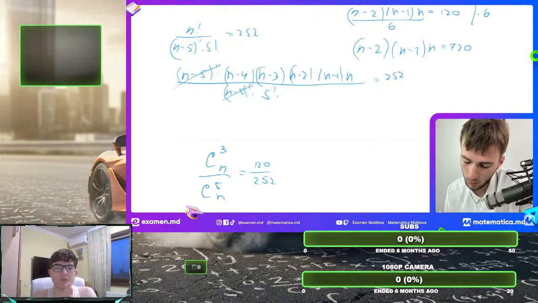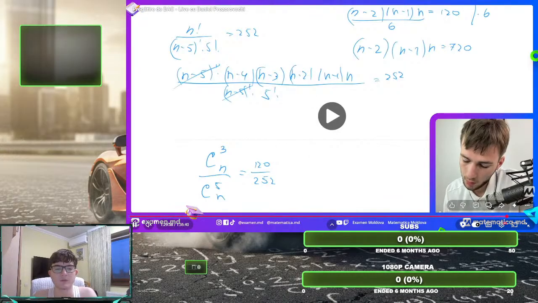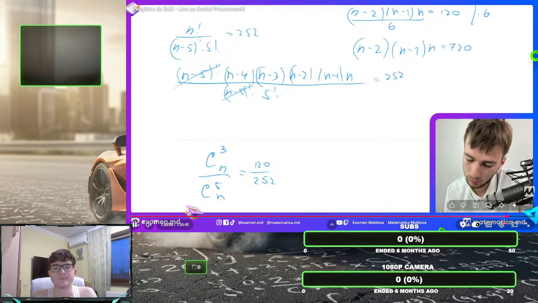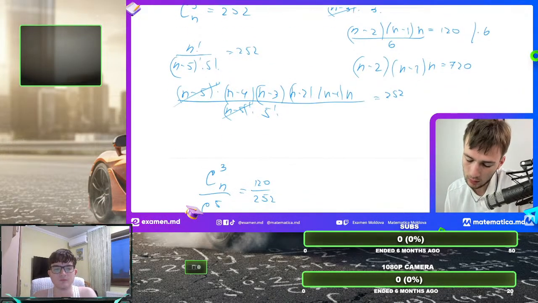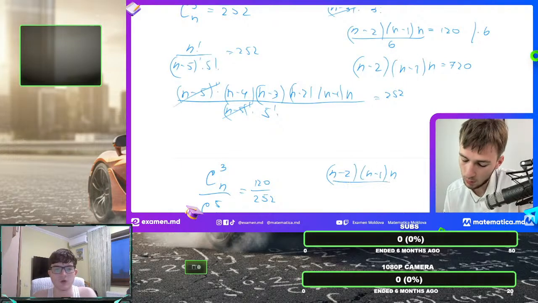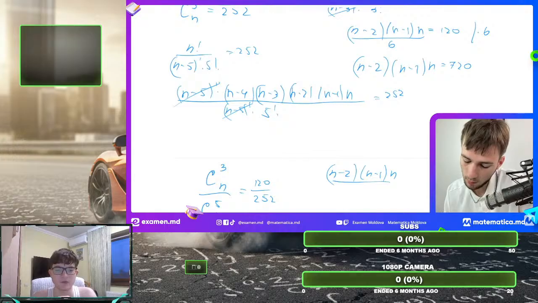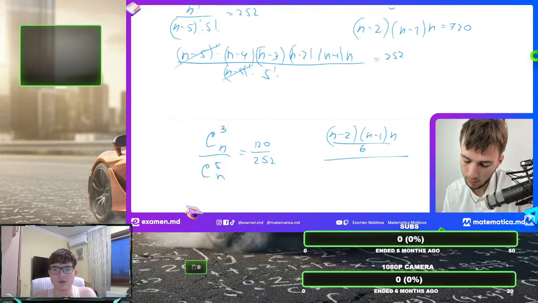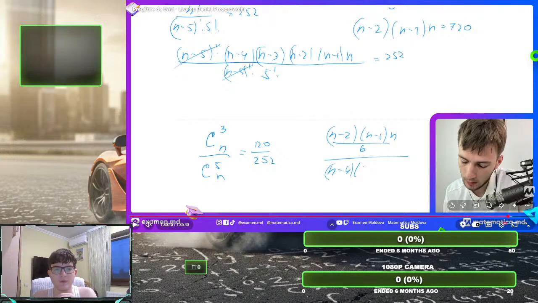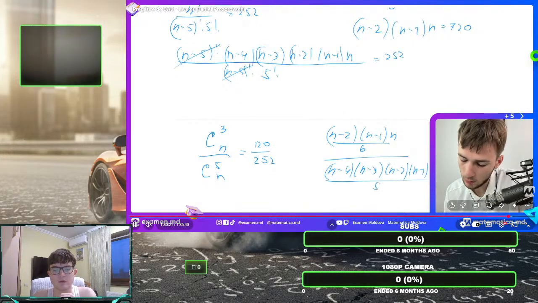Does it actually help me with something? Let's get on with it. N minus, n minus 1, n right there, divided by 6. Basically what we have. We simplified that, we got this.